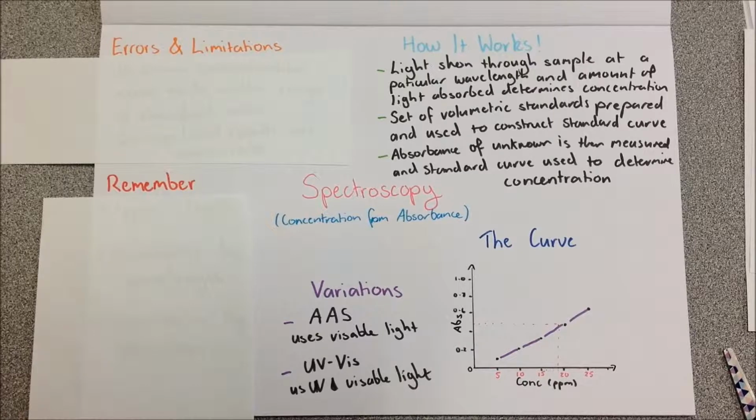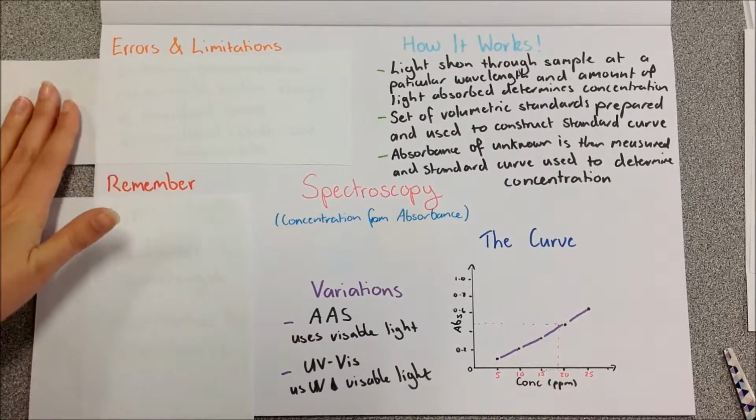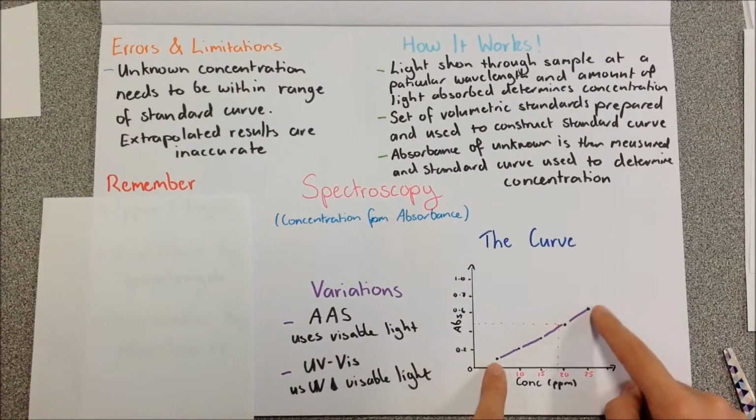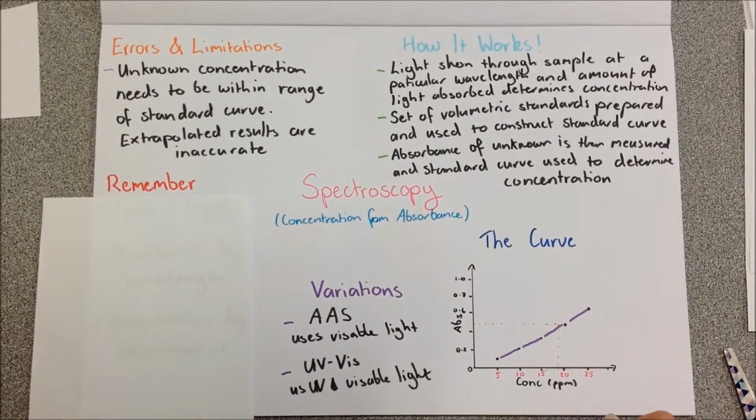Like all analytical techniques, it comes with a few errors and limitations. So the biggest one is that the unknown concentration of our sample needs to be within the range of our standard curve, because extrapolated results are inaccurate.